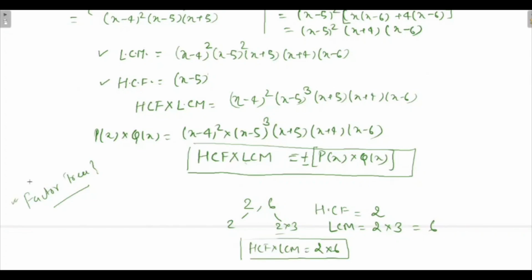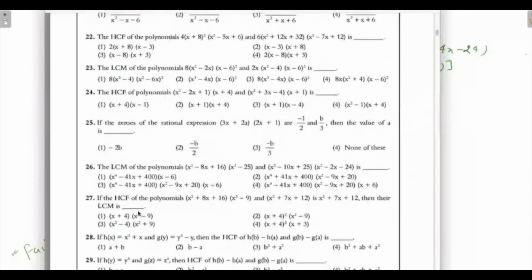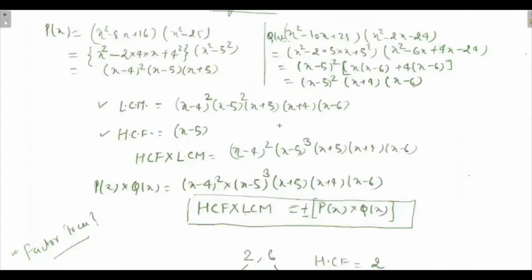So this is what I wanted to show you. So the LCM we calculated. The next one, the HCF as well I could calculate, and there I'll have to see what is the common expression. But here the LCM was being asked, so I did calculate the LCM. So here, as you could see, I have got (x minus 4) whole square, (x plus 5) whole square, (x minus 5) whole square, (x plus 5), (x plus 4) and all.